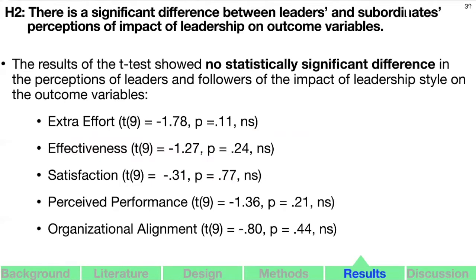And on the differences between leaders and subordinates for the perception of the impact of leadership on the outcome variables, just as the literature presumes, there was no significant difference for any of the outcome variables. It's telling us that leaders and subordinates find that leadership has an impact on each of the outcome variables.